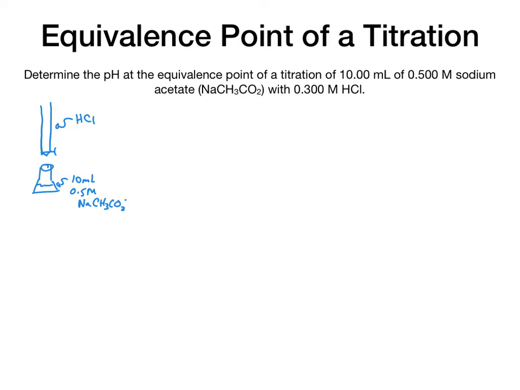In our previous video, we found the amount of HCl required to reach this point. But we also talked about how in this reaction we have HCl plus our sodium acetate reacts to form NaCl plus acetic acid.